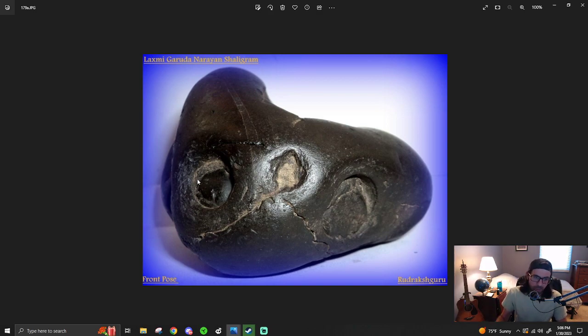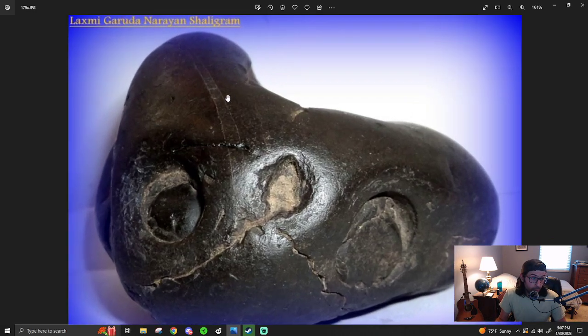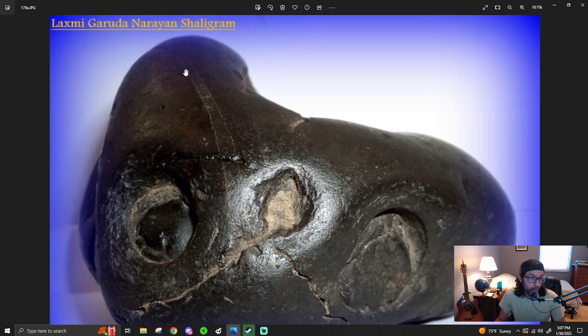I'm just thinking, it looks like a bird head because there are current flows related to it that are like Mount Girnar.